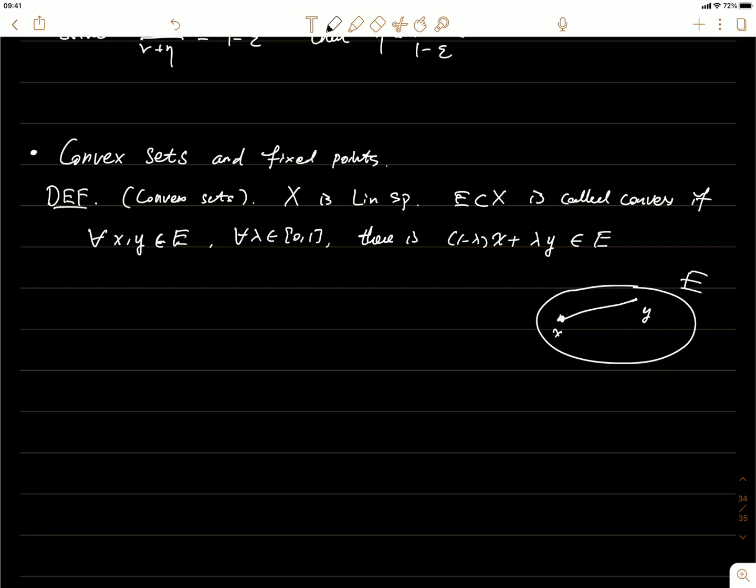This is the convex combination we show here. If all the line segments are in E, then you can call this E a convex set.